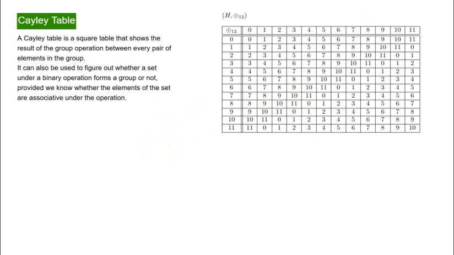Now, once this has been completed, let's see how the axioms of a group can be looked at. How do we figure out the closure property? Remember, the closure property says if A addition modulo 12 B is equal to C, then C also is in H. So basically what this boils down to is that if you go through the cells in the table, there should not be any element which is not part of the group.